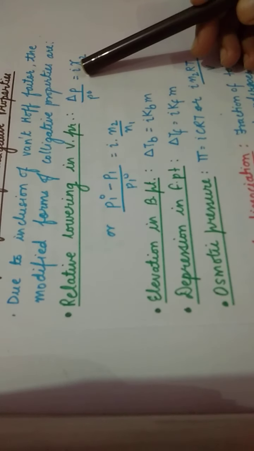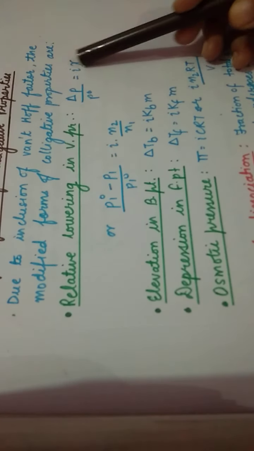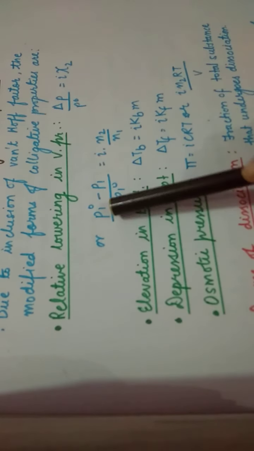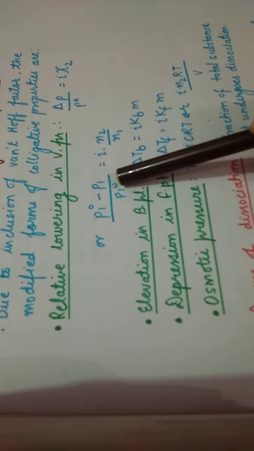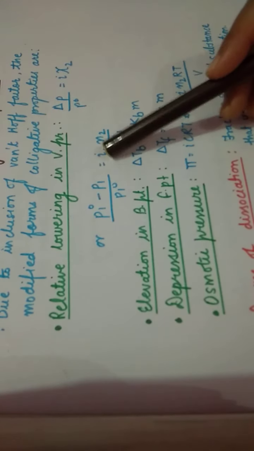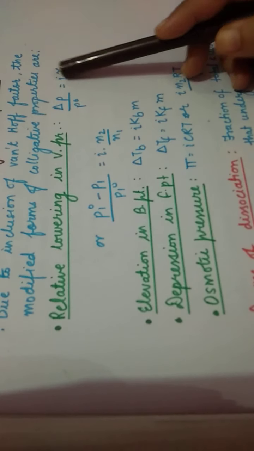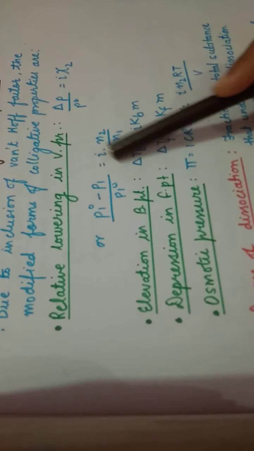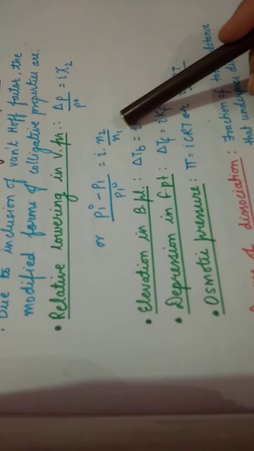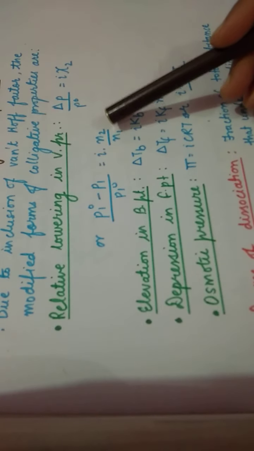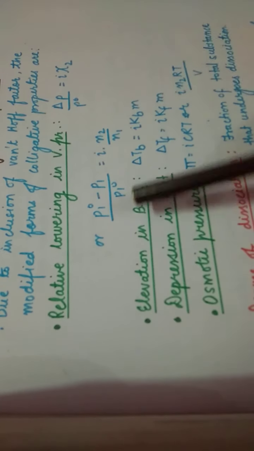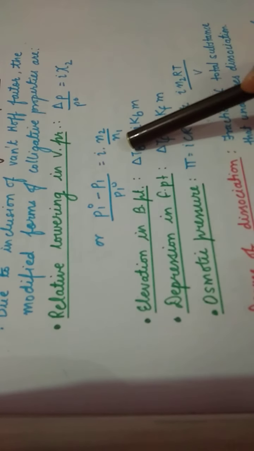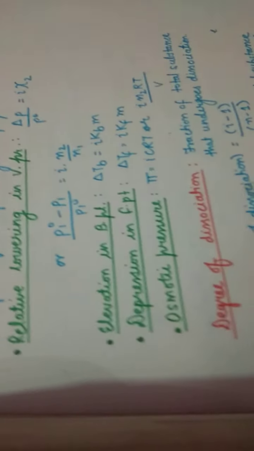So delta P is equal to P1 naught minus P1 upon P1 naught is equal to I X2. Instead of X2, we can put the number of moles, and the formula we get is P1 naught minus P1 upon P1 naught is equal to I N2 upon N1.